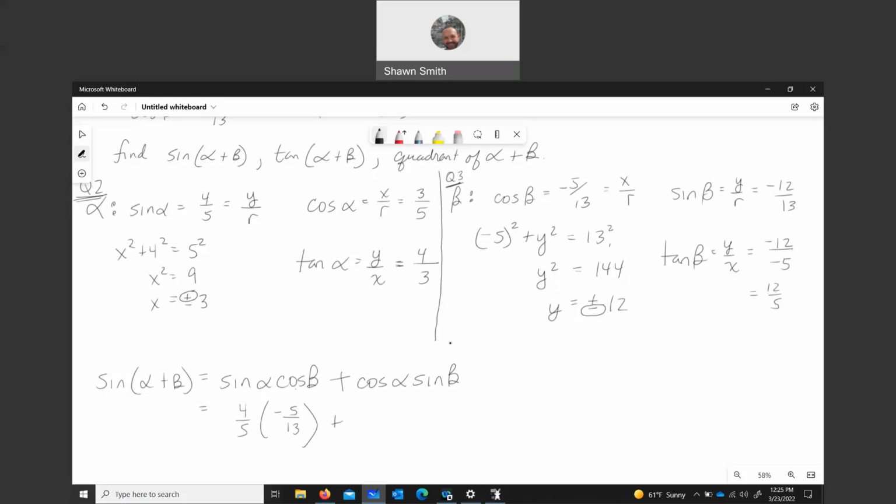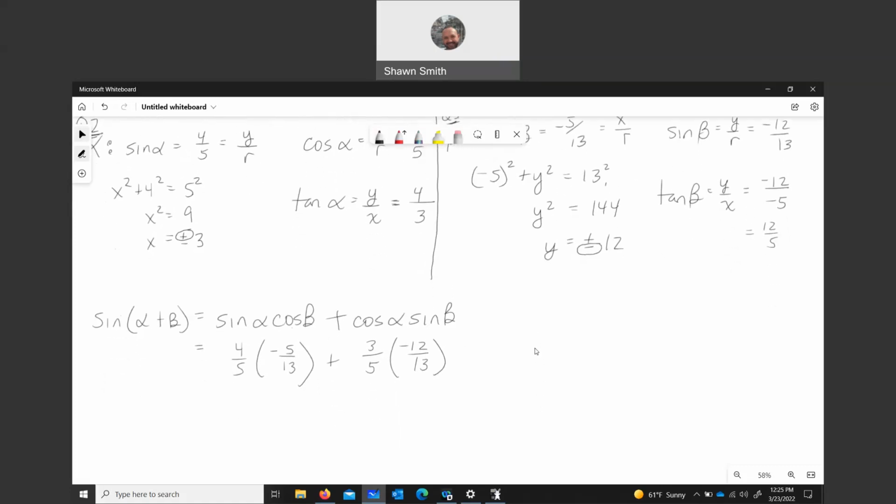Cosine alpha, 3/5. Sine beta, negative 12/13. So that makes negative 20/65ths, minus 36/65ths, which is a negative 56.